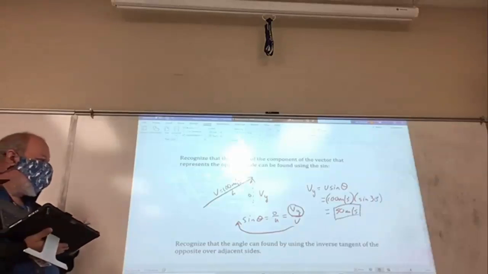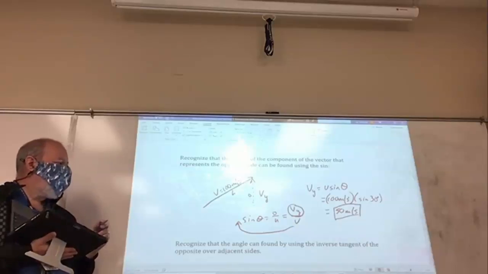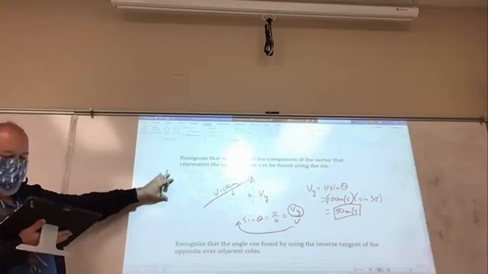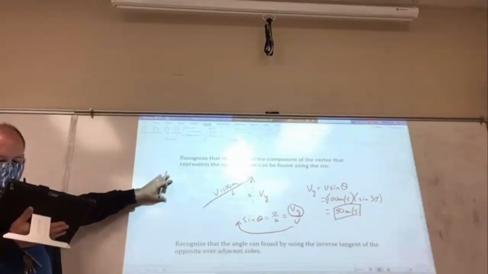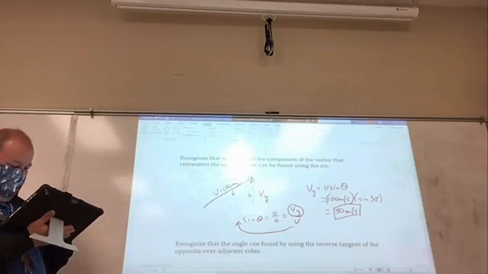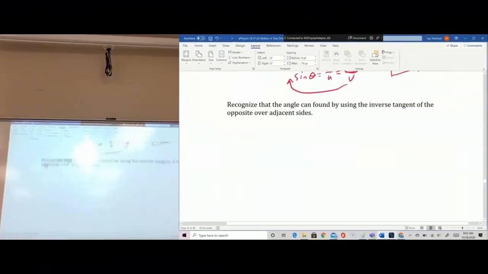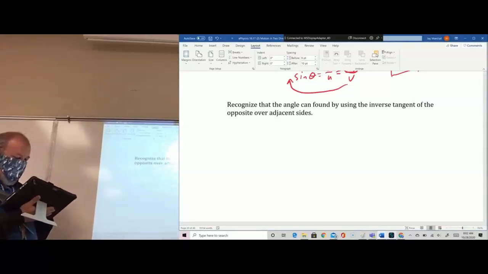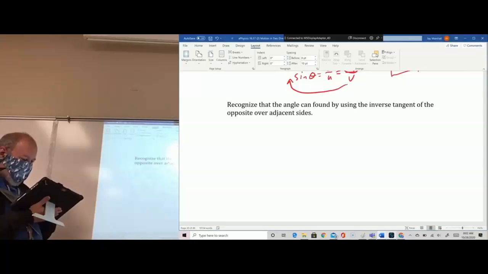Okay? So that's going to be how we solve these things. And then recognize that the angle can be found using the inverse tangent of the opposite over the adjacent side. But we already know what the angle is, or we wouldn't have been able to find the other thing.